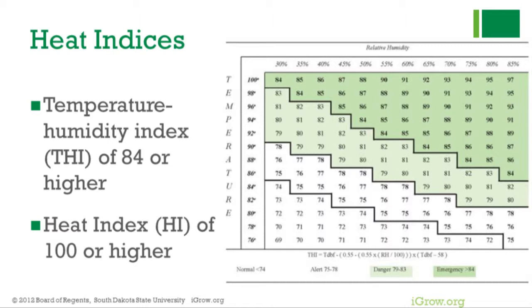The table that you see here is a combination of temperature and humidity, and you can coordinate where humidity and temperature meet, and that is your temperature humidity index for cattle. Another indicator that we can use is the heat index, or the apparent temperature index, and when that reaches 100 degrees or higher, that is also a warning sign that cattle may be experiencing more stress than normal under hot and humid conditions.